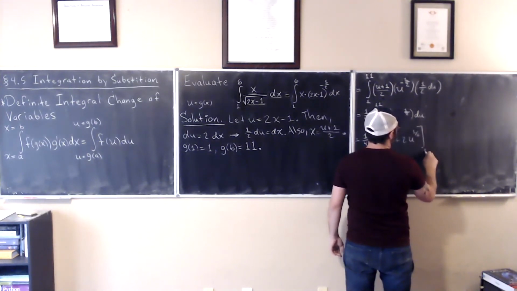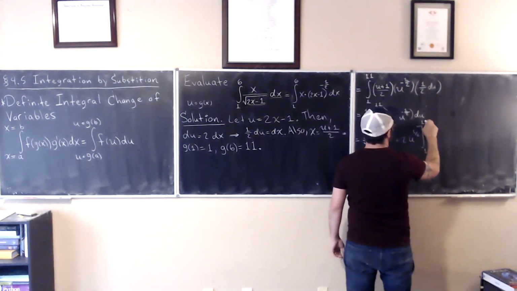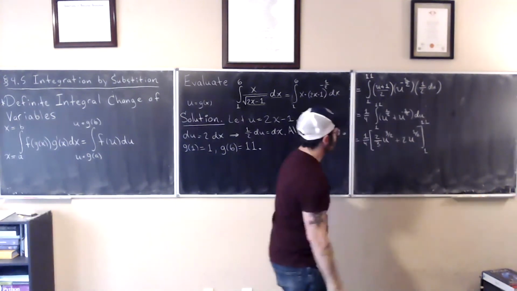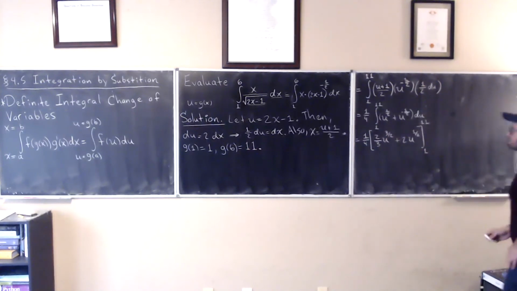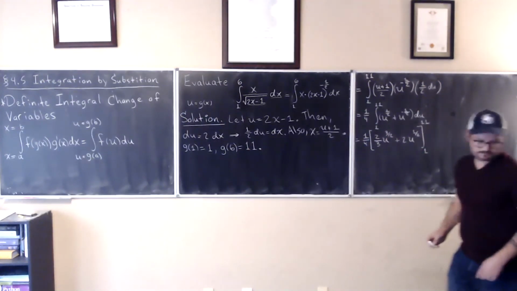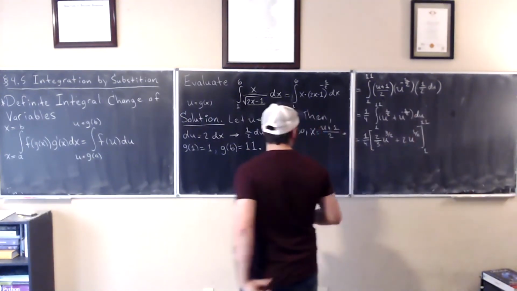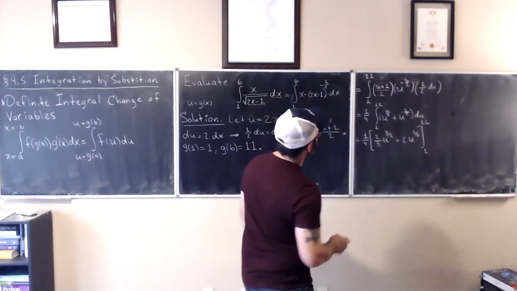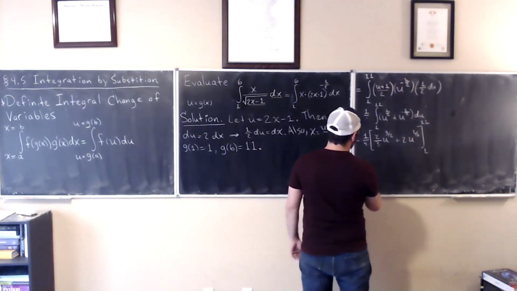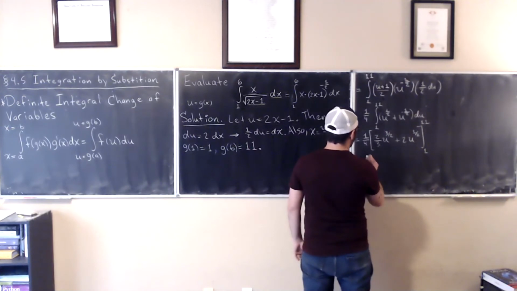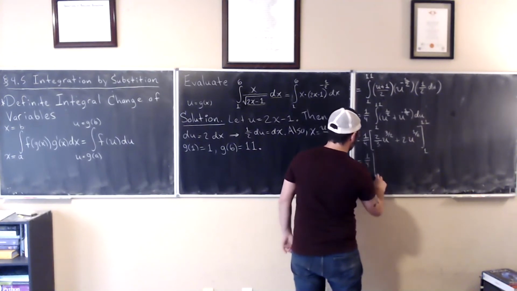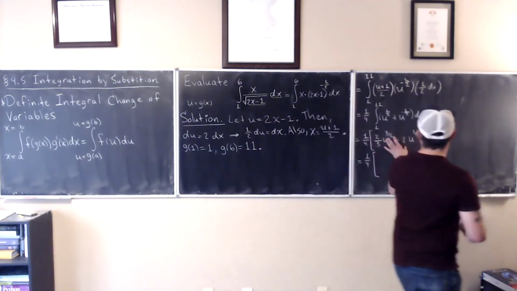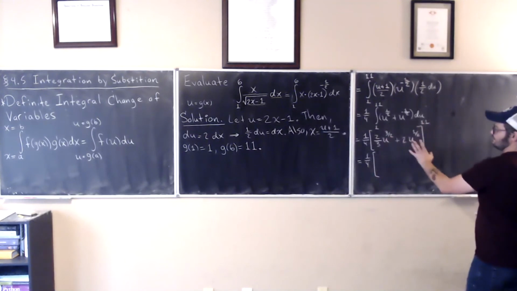And this is evaluated from 1 to 11. Okay. So far, so good. So what does this become? A big old mess. That's what it becomes. All right, so it's this evaluated at 11 minus this evaluated at 1.